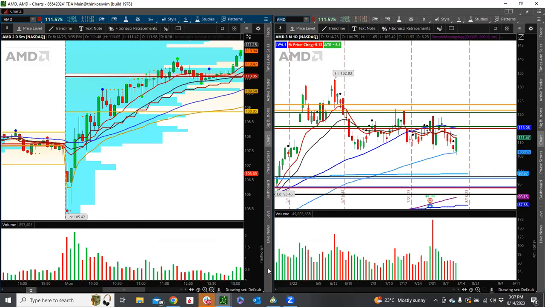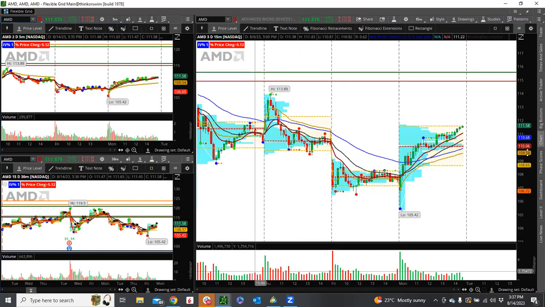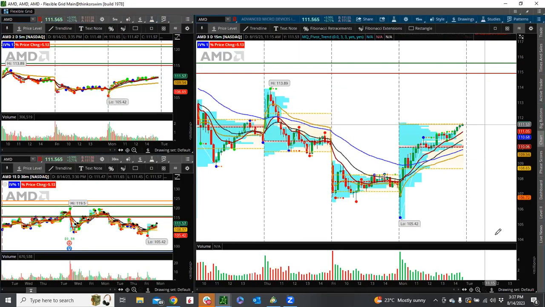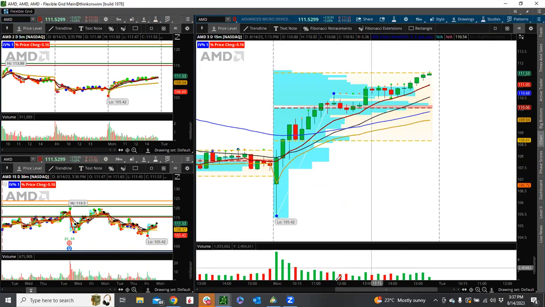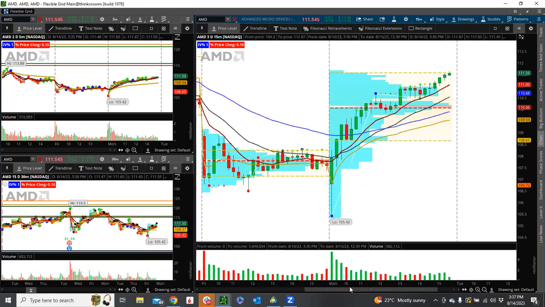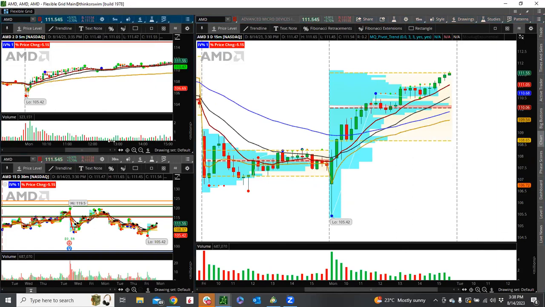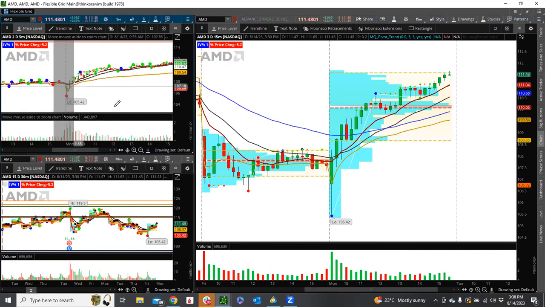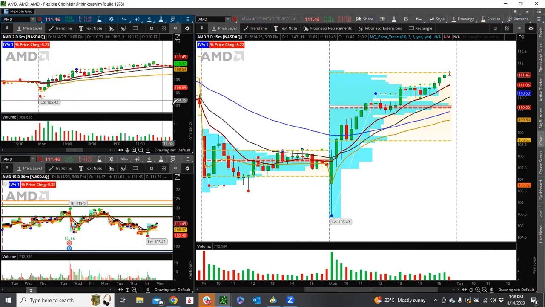If we go into here, this is why the multi-time frame analysis is so key. If I'm looking here on the 5-minute chart and I see that volume spike, I go, okay, is this time for AMD to potentially roll over, right?